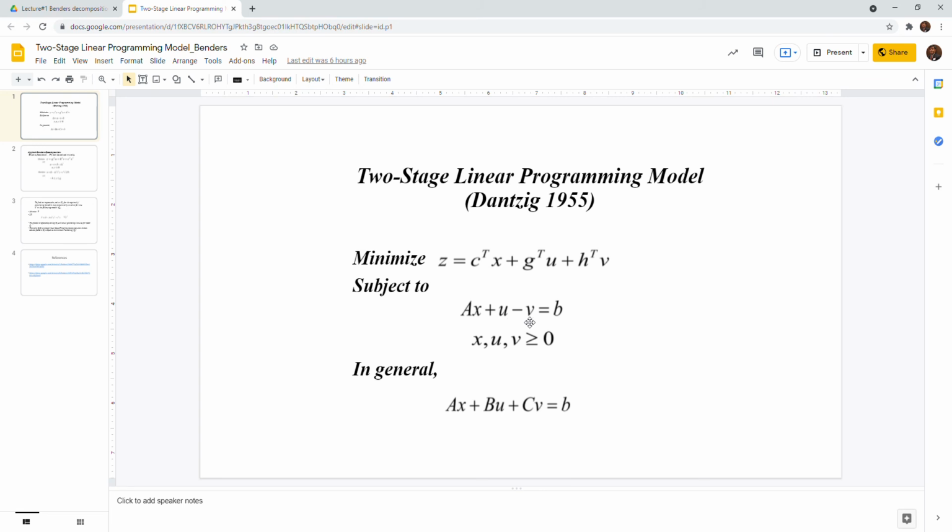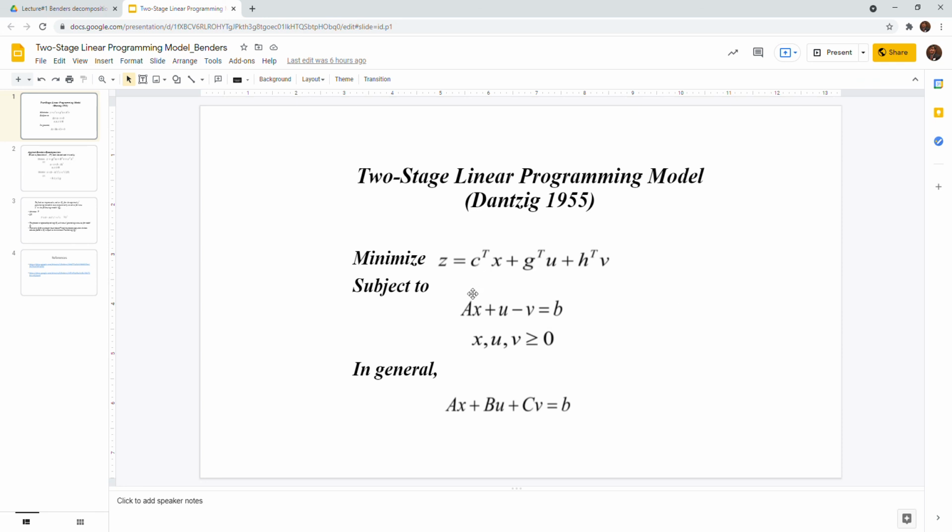It tries to identify the corrective or opportunistic cost, the additional cost, when A times x is not equal to b in some scenario based on the uncertainty of A and b. With this additional u or v, you can add the expected cost, an uncertain cost, up with the deterministic cost of c transpose x. And that's the resulting formulation of what we call the two-stage.